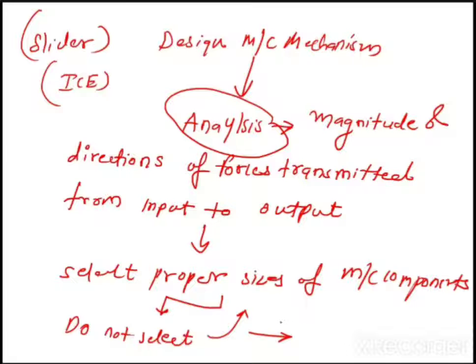It means you are not knowing how to do the static and dynamic analysis. You do not undergo the static and dynamic analysis of those components, which means you fail to select the proper sizes of machine components. This is the first case. Case number one, you are not doing the analysis. Can anybody tell me what will happen in that case?